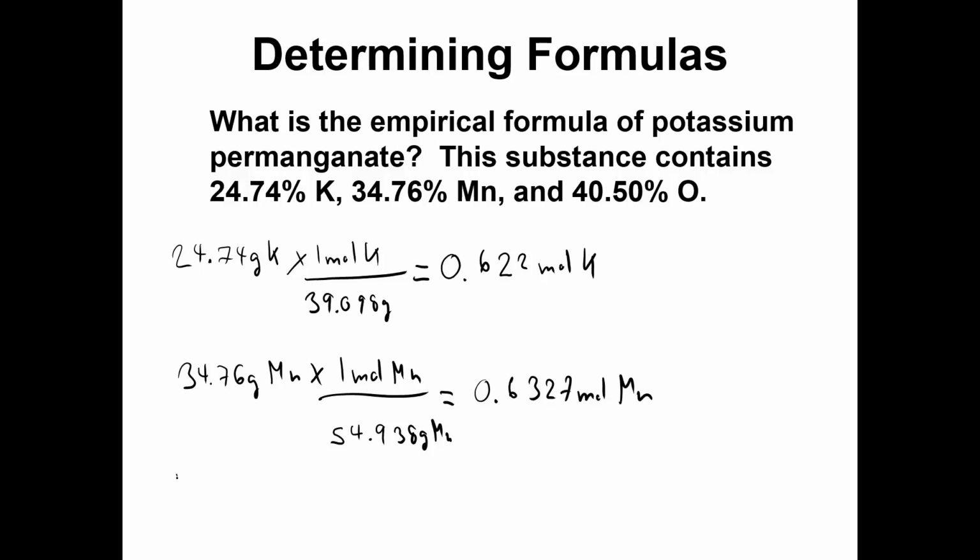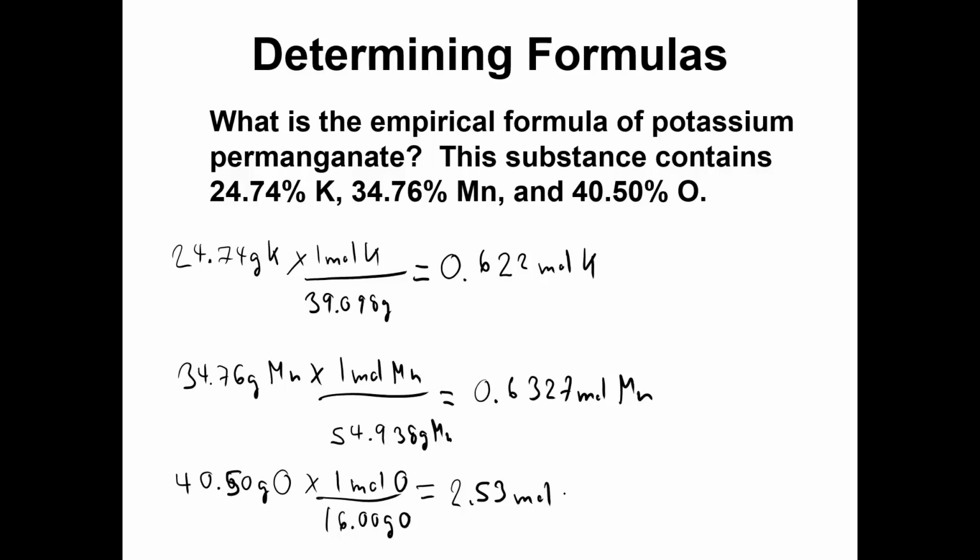And then we have 40.50 grams of oxygen times 1 mole of oxygen divided by 16.00 grams of oxygen, and I get 2.53 moles of oxygen.